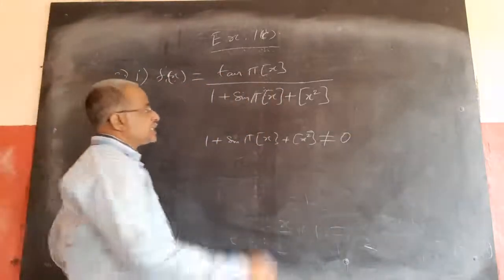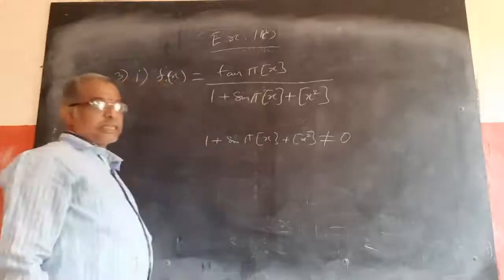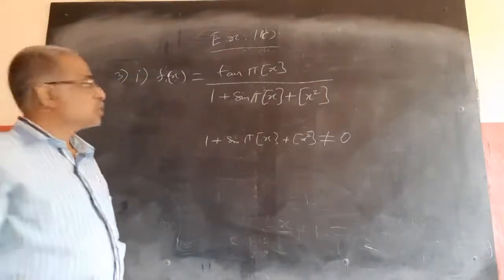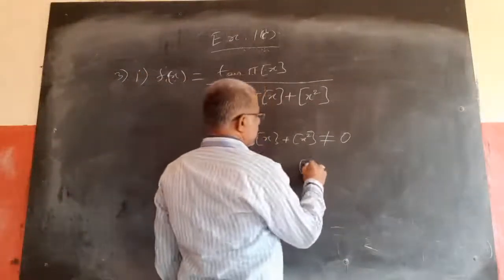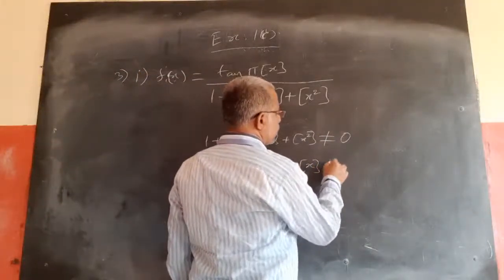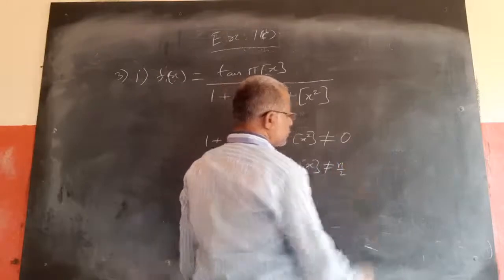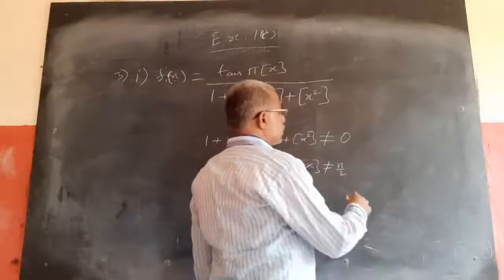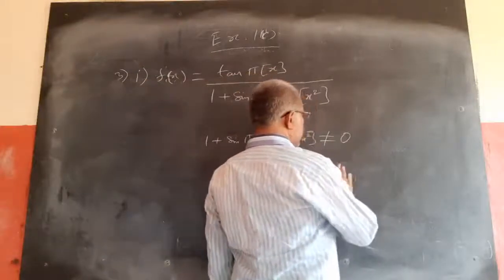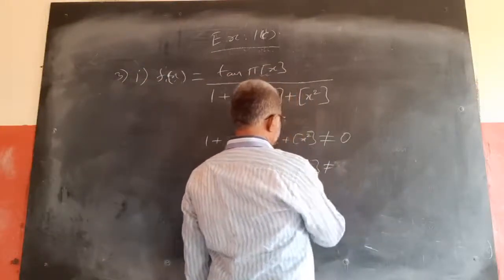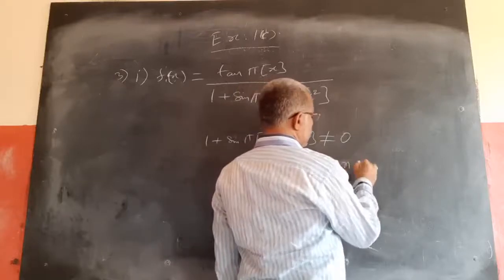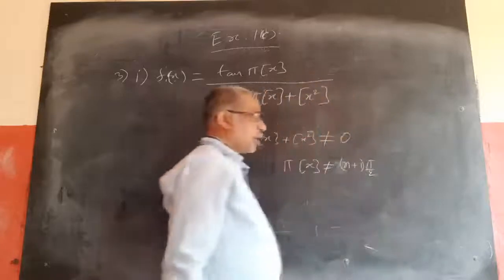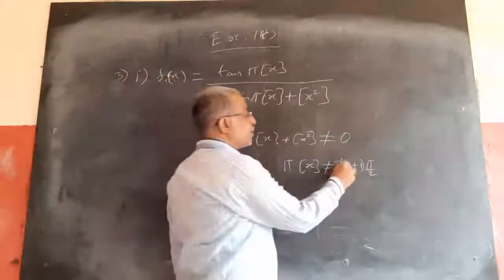And step x cannot be n by 2. Step x is always an integer, it cannot be in fractions. So what I want to say is pi into step x is not equal to n plus 1 into pi by 2, not an odd multiple of pi by 2.